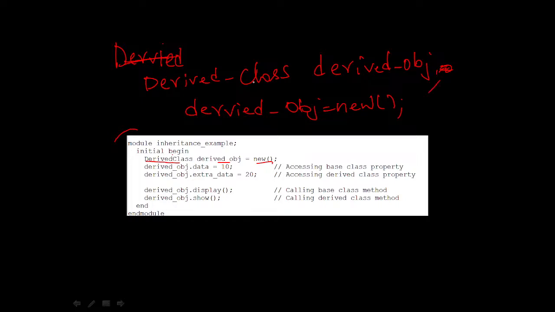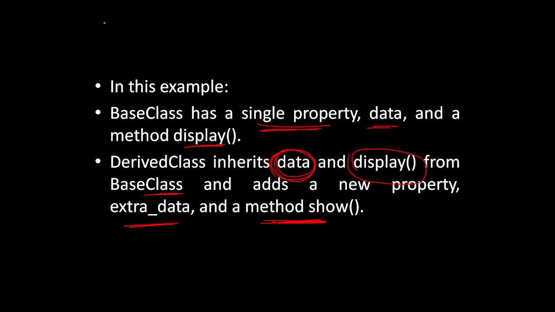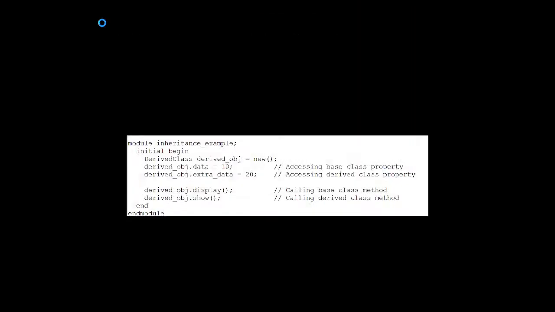Now, we have two classes. One, as we can see in this example, is called base_class. This is the parent class, or you can say base class. It has a property called data, int data.